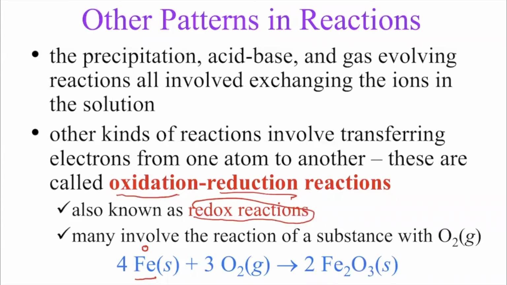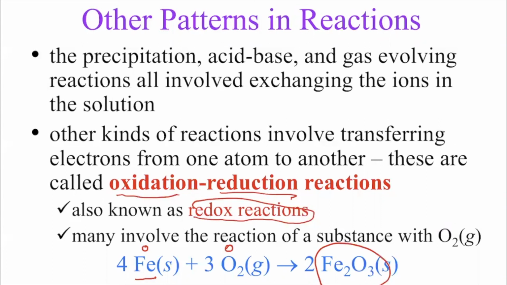This atom doesn't have a charge either, it's carrying a charge of 0. However, in this molecule, the charges are different. The charges have now changed, and now they are carrying a charge. So for example, in this compound, iron is carrying a charge of 3+. Oxygen is carrying a charge of 2-.